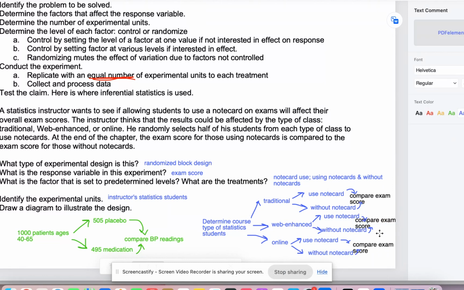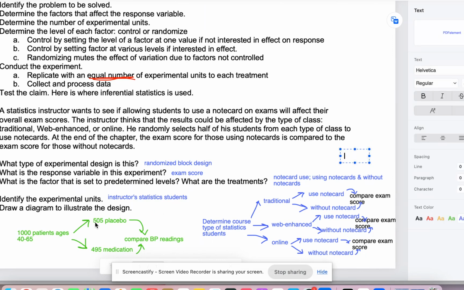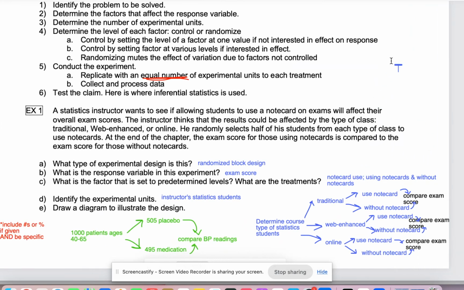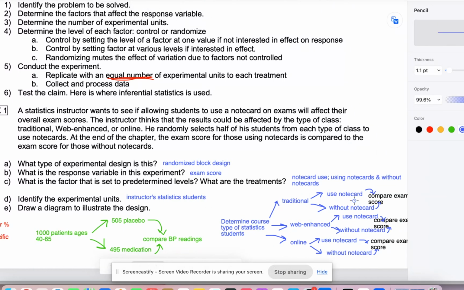I'm going to go back in and write this very important part. Again, over here I wrote 505 and 495. We don't have that here. I don't know what the percentages are, but I do know that it's 50% or half. So that would be included. So I would write 50%.